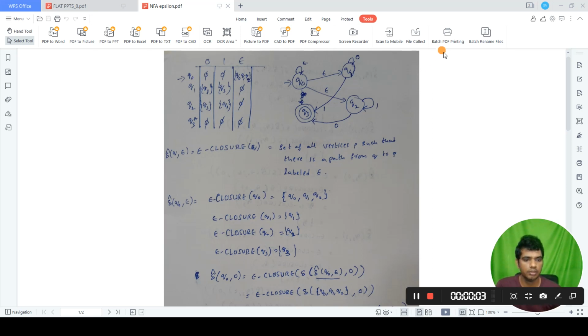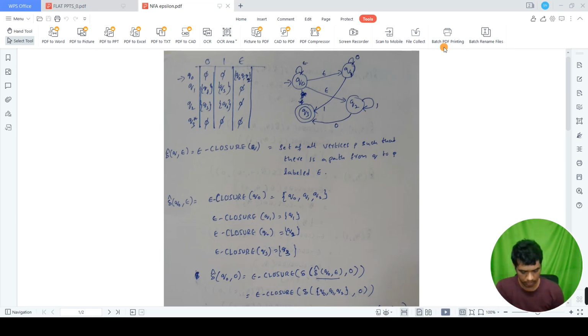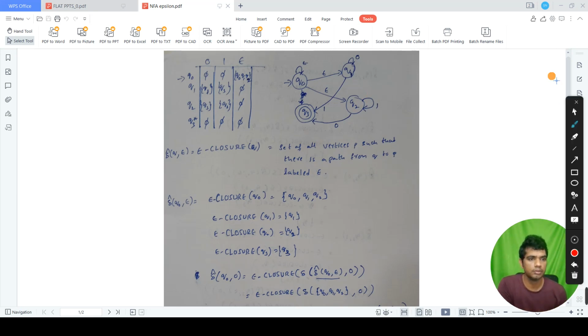So we'll see one example of how to convert from NFA with epsilon transition to NFA without epsilon transition. So now we have a diagram.